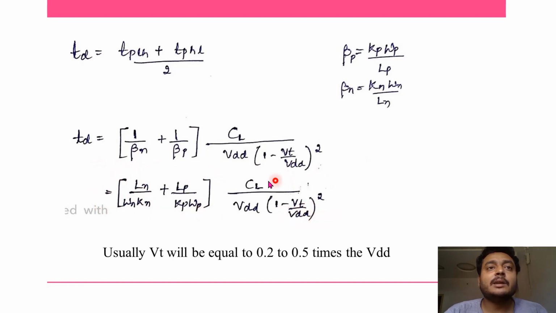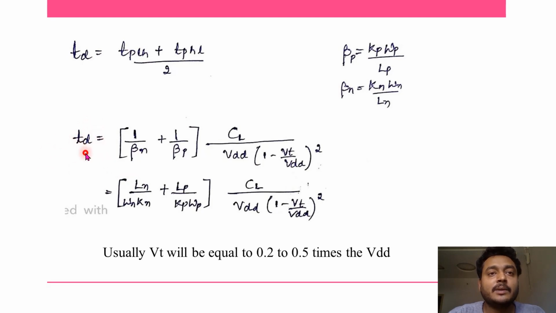So what is the importance of this? We can easily analyze the circuit and perform delay analysis. We can see the delay TD is directly proportional to the channel length, the length of the NMOS and the length of the PMOS. If you increase the channel length L, your delay will increase.